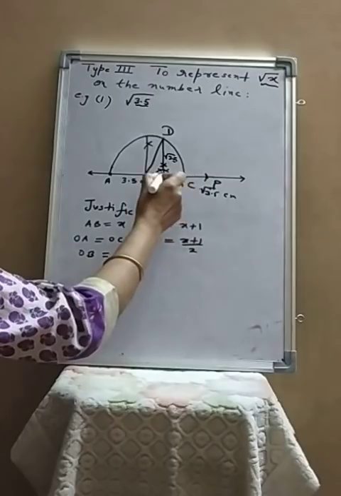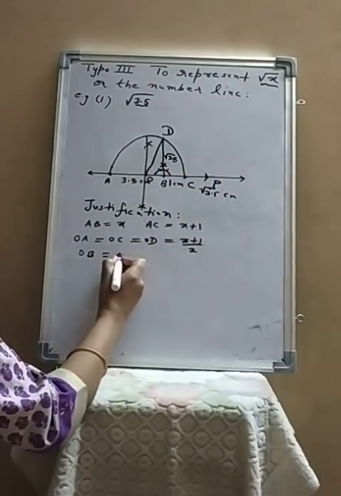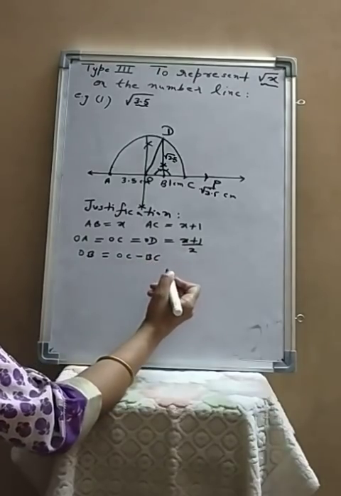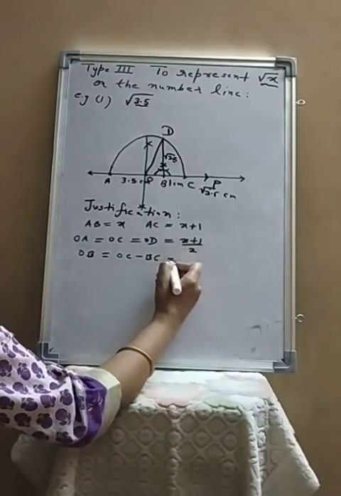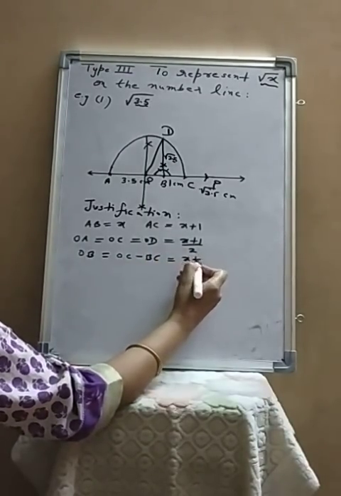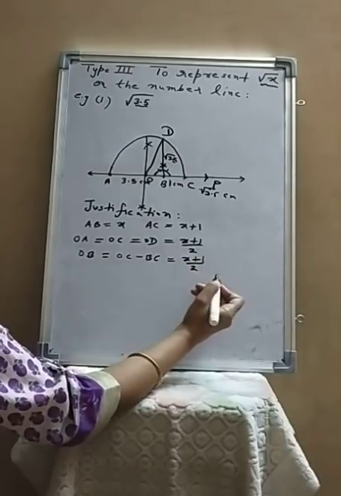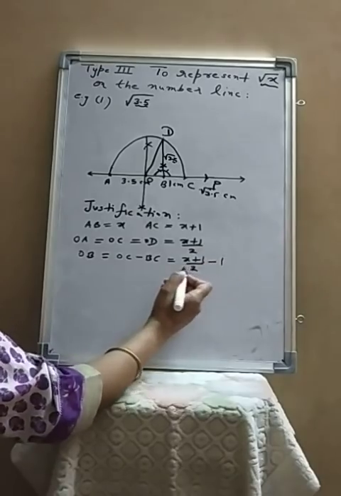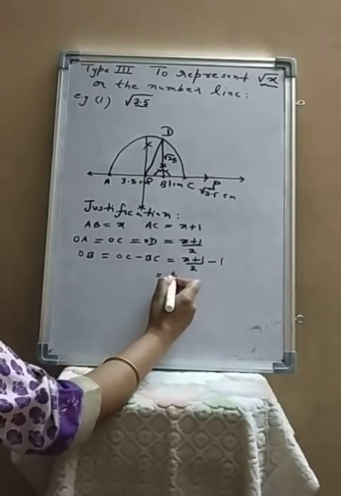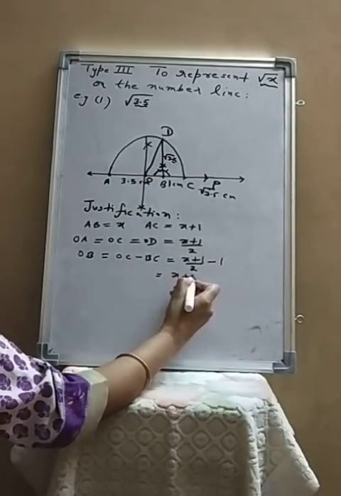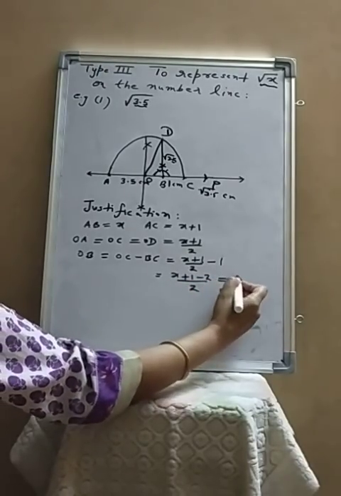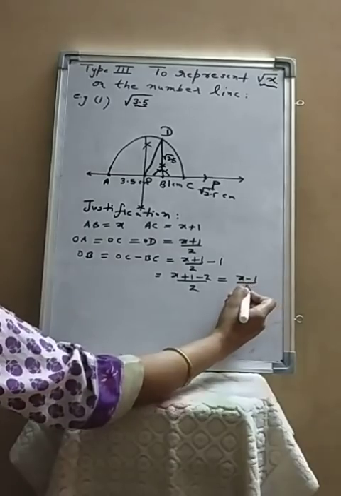From OC I will subtract BC. So OB is OC minus BC. OC we have just calculated, it is (x plus 1) upon 2 minus BC. Now BC is 1 unit. Solve it. So this is (x plus 1 minus 2) upon 2, which is (x minus 1) upon 2.